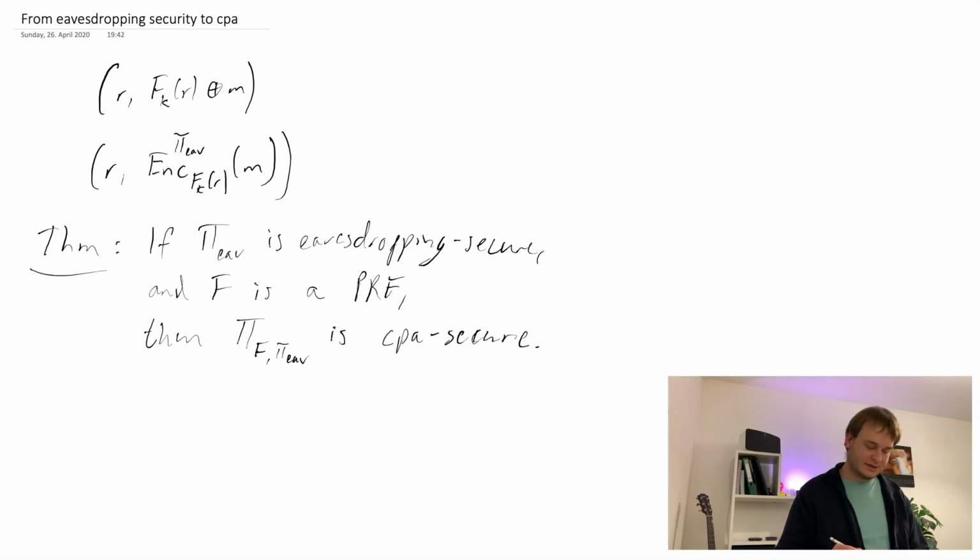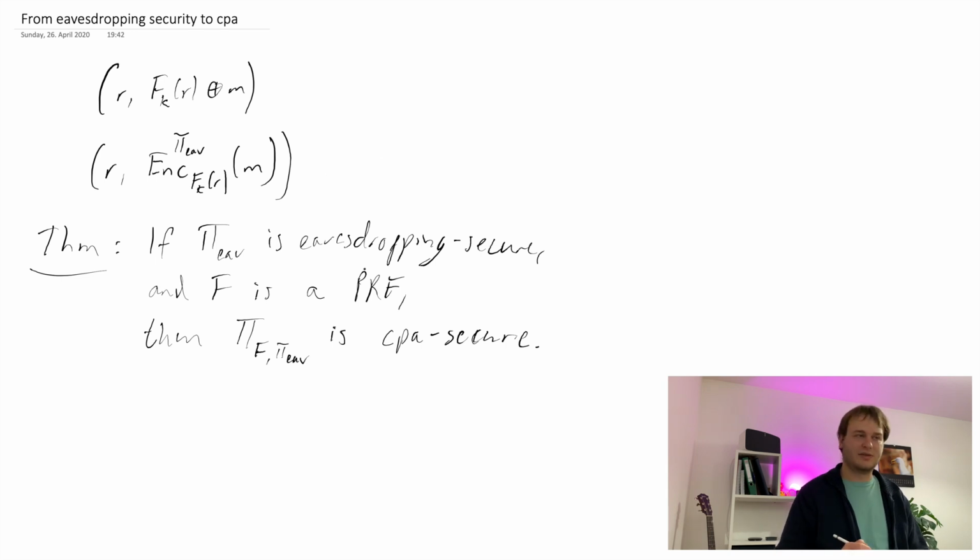What I want to show is that if this encryption scheme here is eavesdropping secure and f is a pseudorandom function, then the scheme here that we constructed, where encryptions look like this, and key generation will choose a random pseudorandom function key, and decryption looks like as you would think it would look like, then this scheme is actually CPA secure. So we're essentially upgrading from eavesdropping security, combining it with a PRF, and we get CPA security.